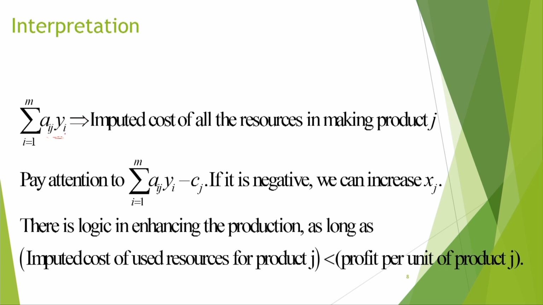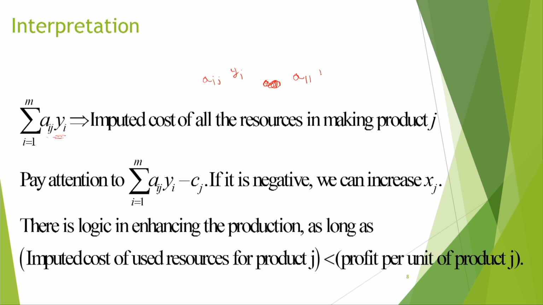Suppose you are making a product j, and you are using so many resources, m resources. yi is the worth of resource i, and aij is the quantity used for making 1 unit. So you say aij into yi. Suppose resource 1, so a11. Here I am concentrating on product 1.